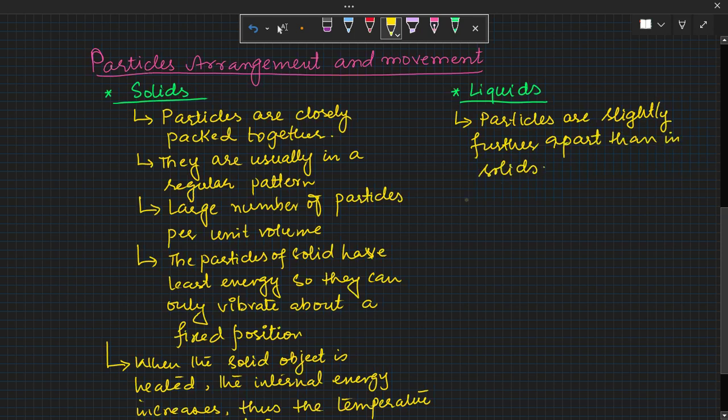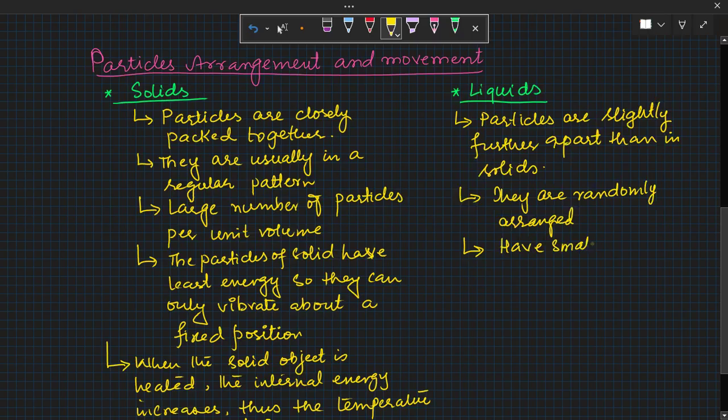And they are randomly arranged, and have a smaller number of particles per unit volume.